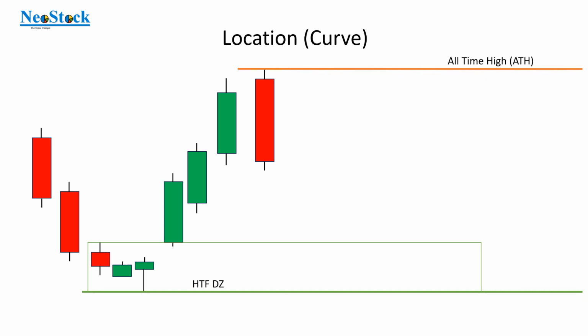This horizontal line is called all-time high line. Please remember, this is not the distal line. This is all-time high line. Now you need to define a vertical line between distal line of the demand zone and all-time high line. Something like this.